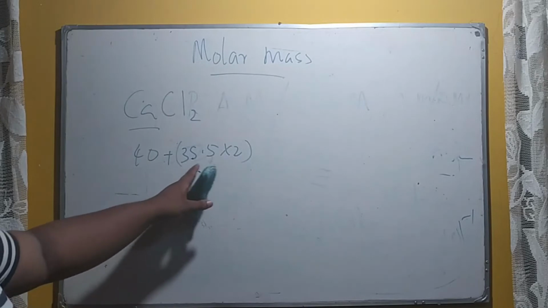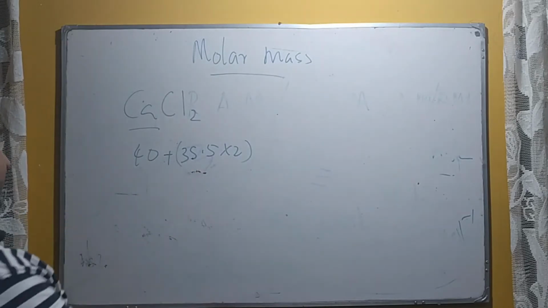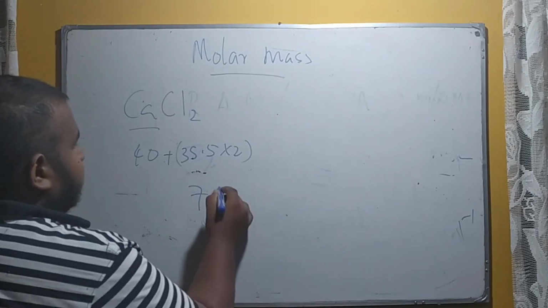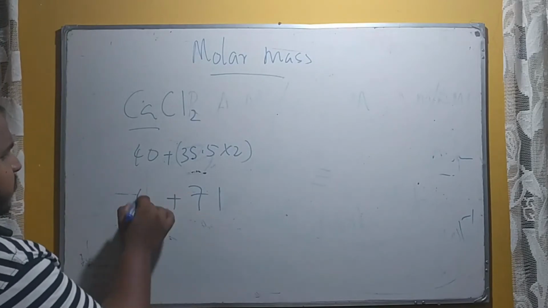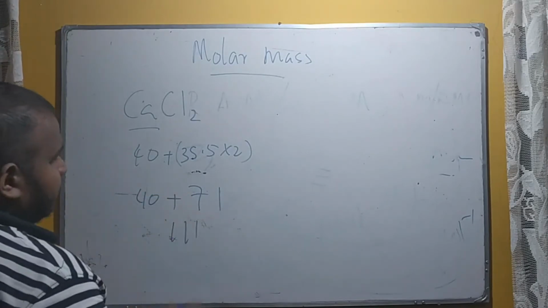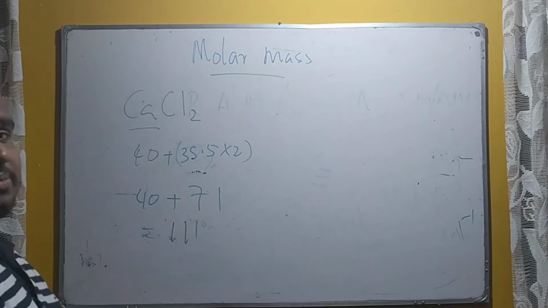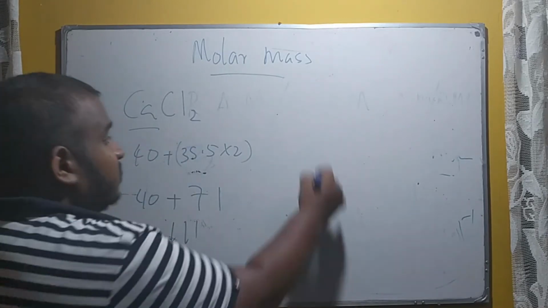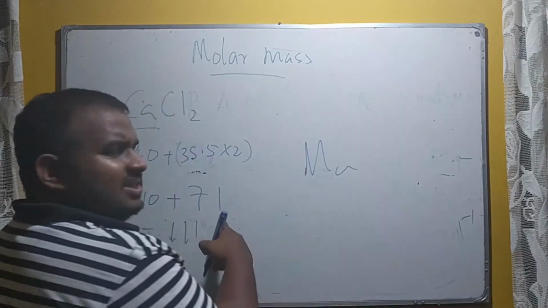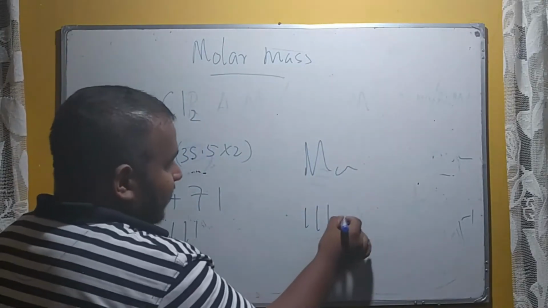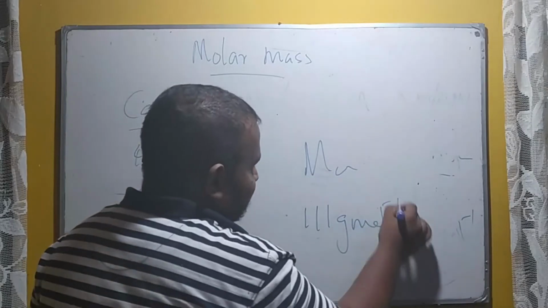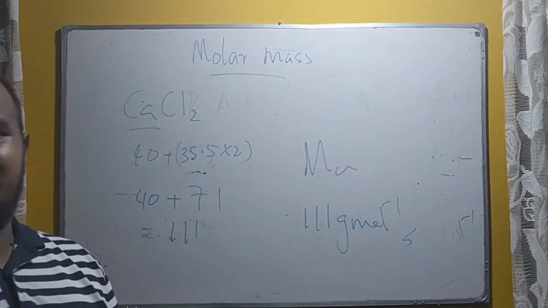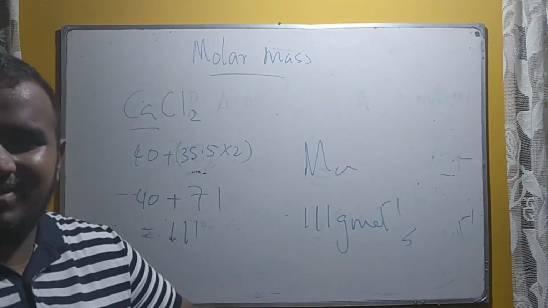So therefore 35.5 into 2 is 71, plus 40, 111. This is the relative molecular mass of calcium chloride. But if they ask you the molar mass, the same thing, but 111 gram per mole. The unit should be there. This is what we studied.